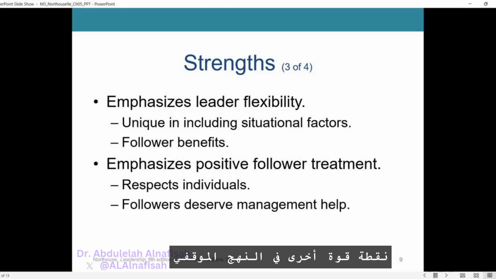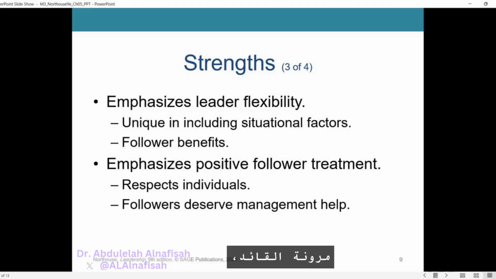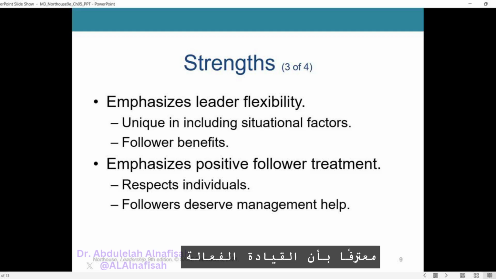Another strength of the situational leadership approach is its emphasis on leader flexibility, recognizing that effective leadership depends on adapting styles to meet the needs of followers and the demands of different situations. This adaptability fosters positive outcomes and strengthens relationships between leaders and followers.